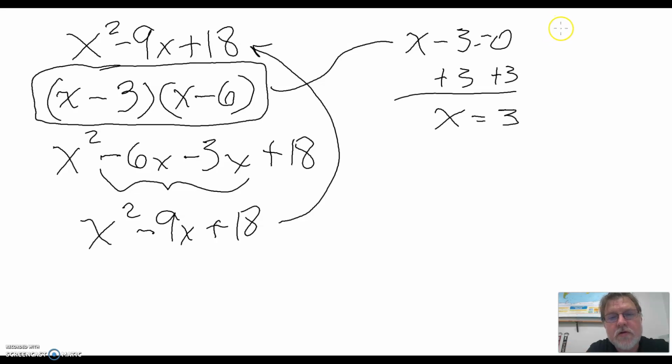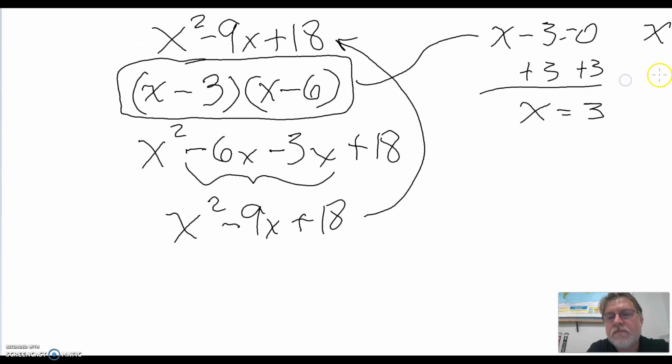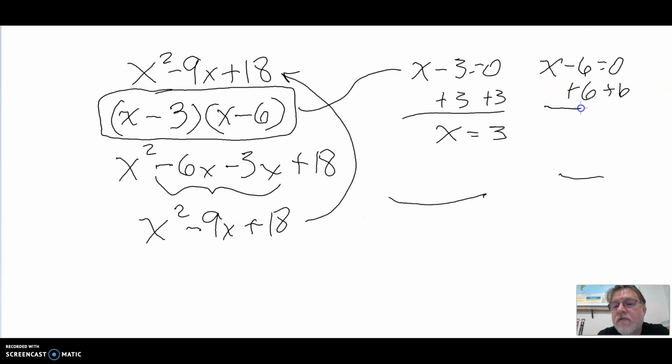And the other one would be x minus 6 is equal to 0. You add 6 to both sides, and that gives you x is equal to 6.